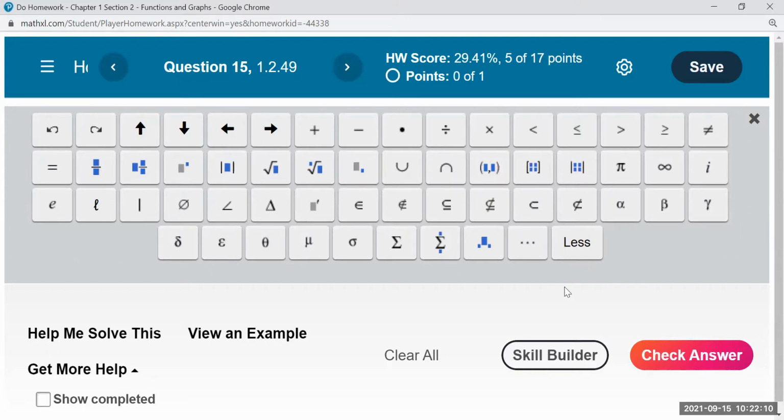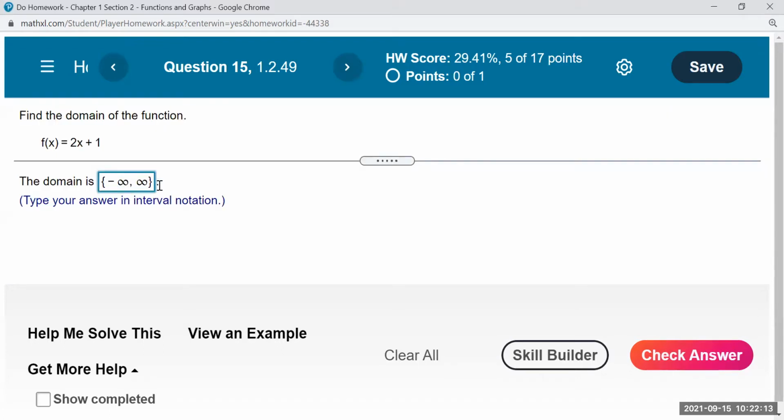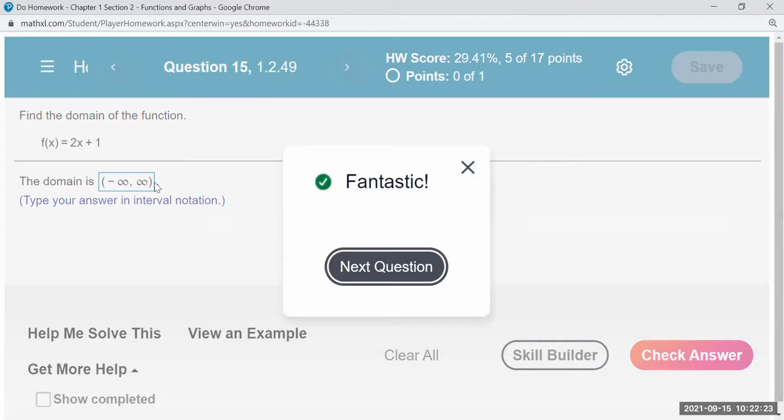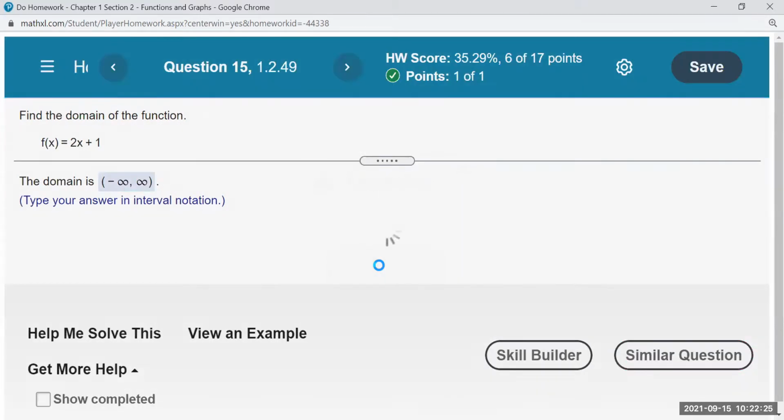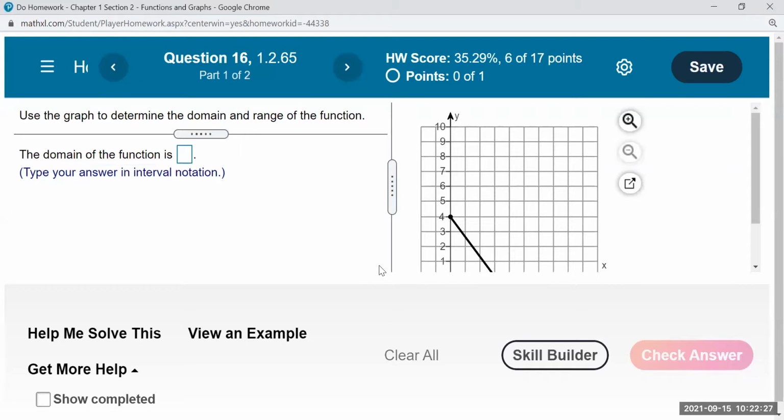Okay, so it wants set notation, or interval, I mean.